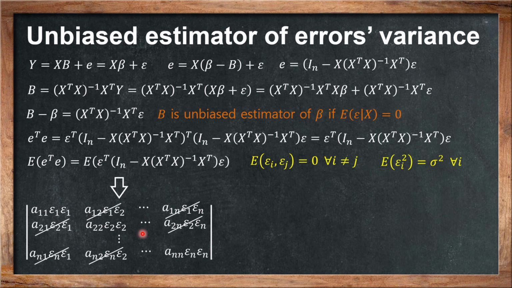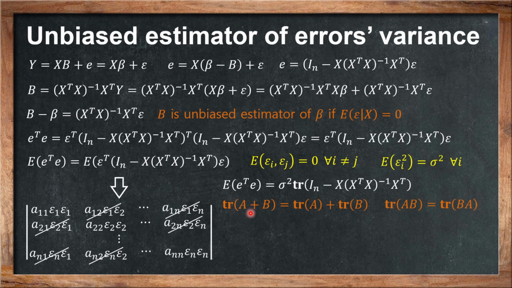That's why we are interested in the following expression: the expected value of E transpose E will be equal to sigma squared times the trace of this matrix, which is the sum of the diagonal elements of the matrix. Here, we do a quick recap on the properties of the trace function in linear algebra.